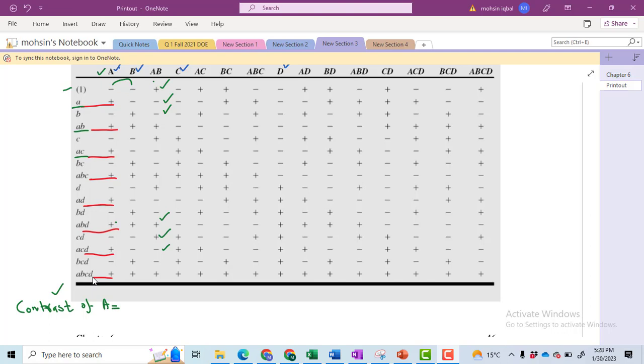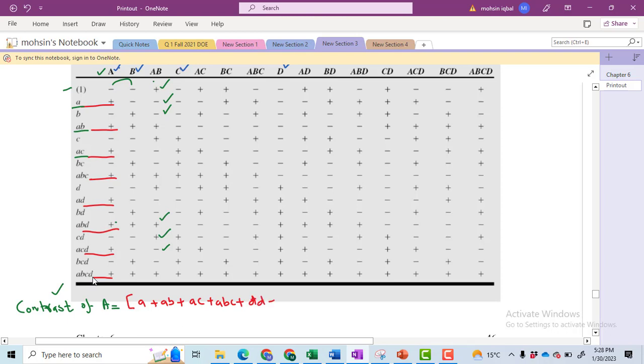So let's write them. You will write in this way: A plus AB plus AC plus ABC plus AD, sorry, AD plus ABD plus ACD and plus ABCD.